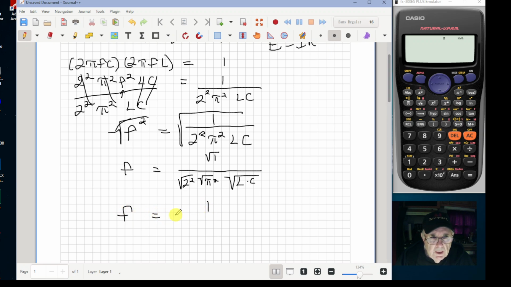The square root of 2 squared is 2. Similarly, the square root and square leaves pi, so there's our 2 pi. There's nothing we can do to reduce this, so it stays the square root of L times C.